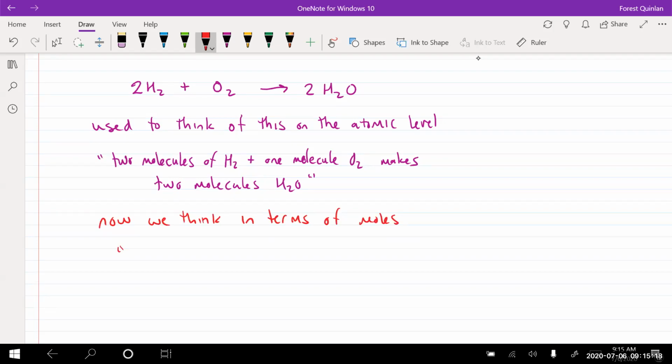Meaning, 2 moles H2 plus 1 mole O2 makes 2 moles H2O.